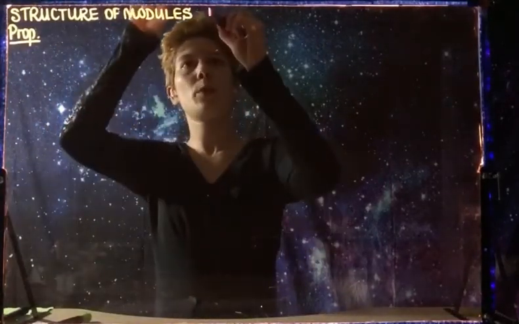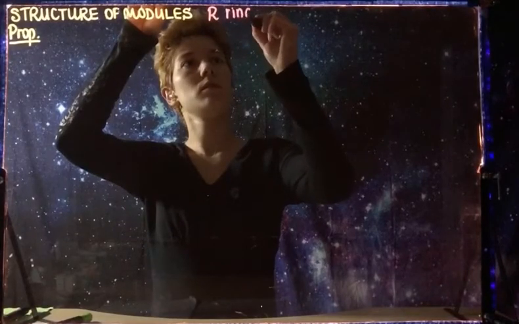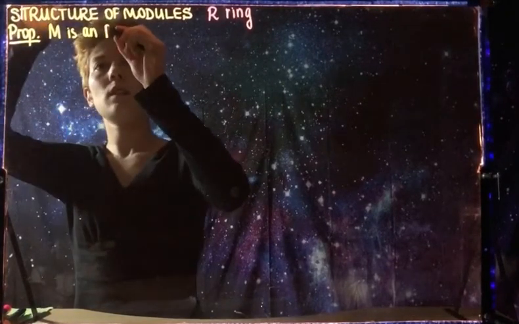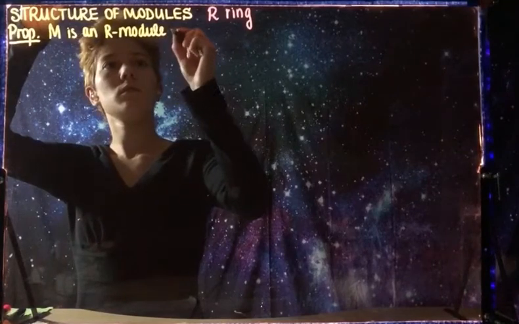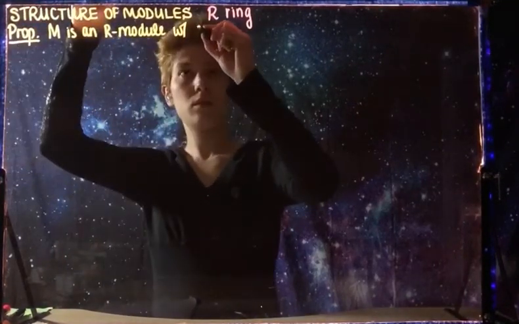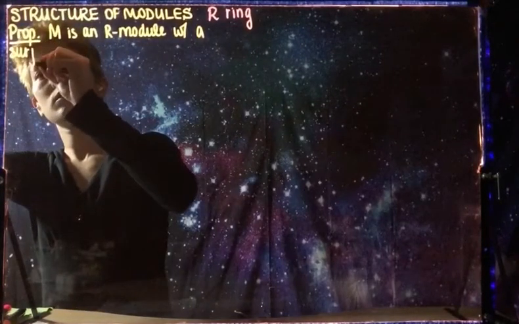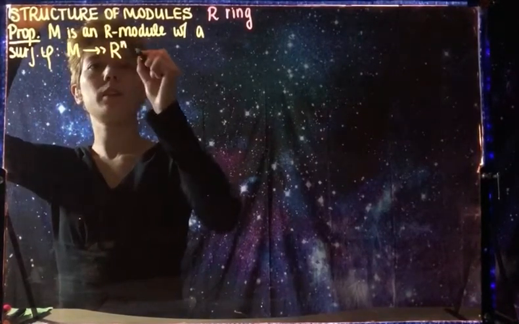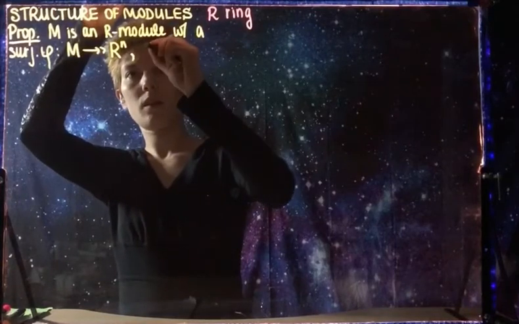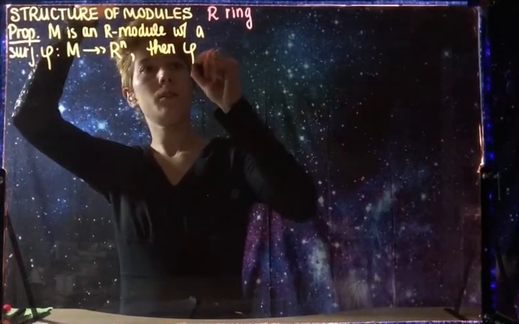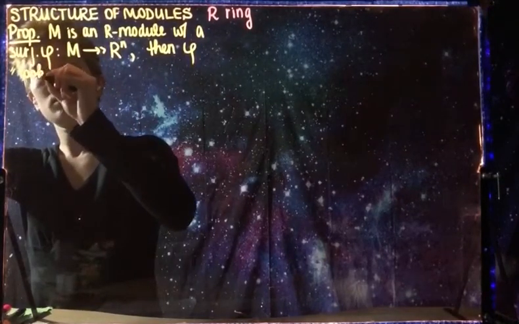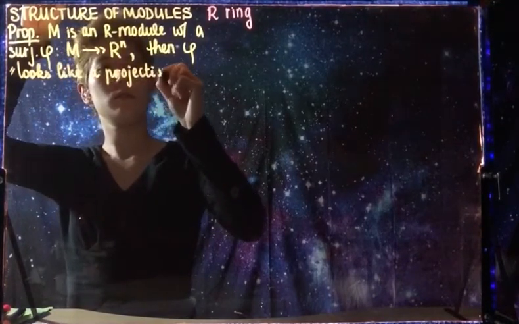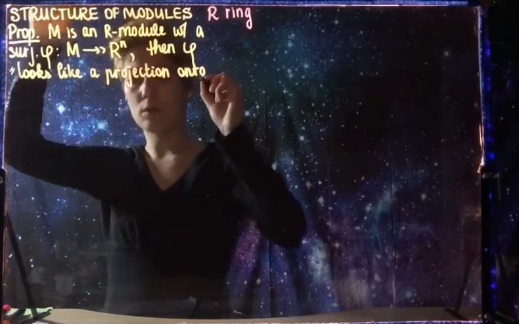As usual, we work with a commutative ring R. And if M is an R-module with a surjection phi from M onto a free module of rank n, then phi, so to say, looks like a projection onto a direct summand.